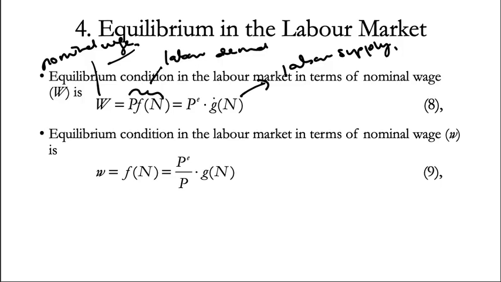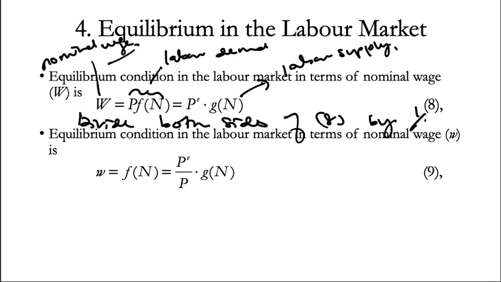What you do with expression 8 is divide both sides of 8 by, sorry, by P, not 1 over P, by P. So when you divide it, let me show you. Divide by P, divide by P, divide by P. What you get here is that W over P you get real wage.